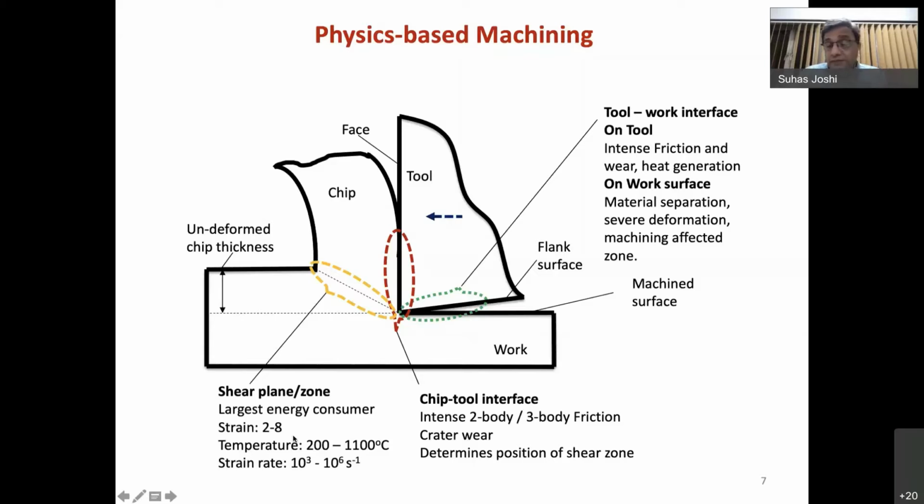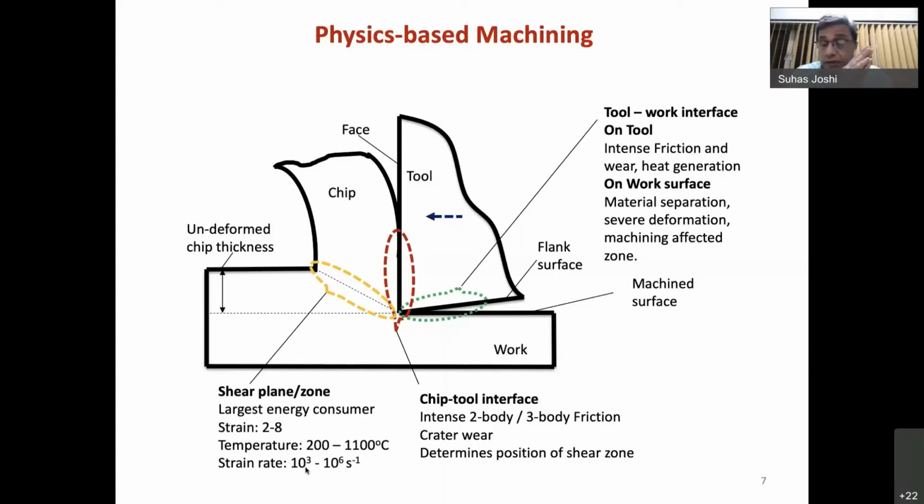Very interesting phenomena happen during shear in the machining process. Your strains are of the order of 2 to 8. Temperatures can vary between 100 degrees centigrade and 1100 degrees centigrade during machining of various materials, and the strain rates are 10 to the power 3 to 10 to the power 6 per second, which is common.